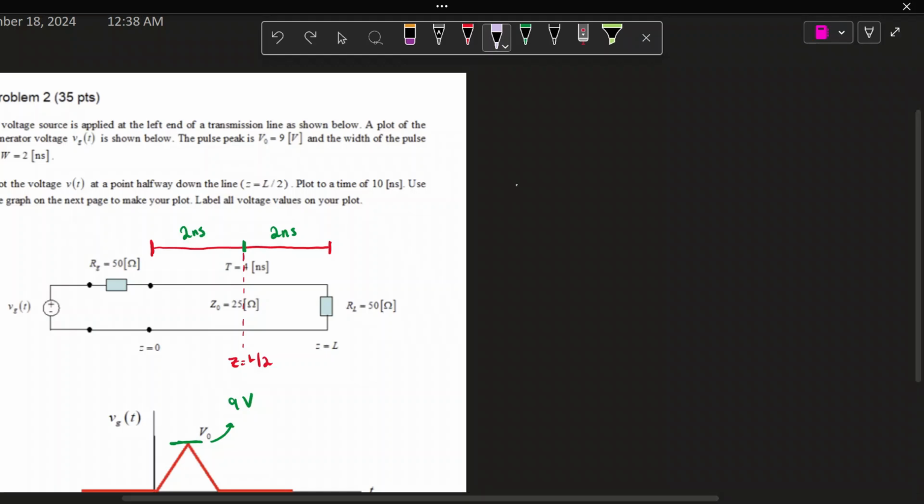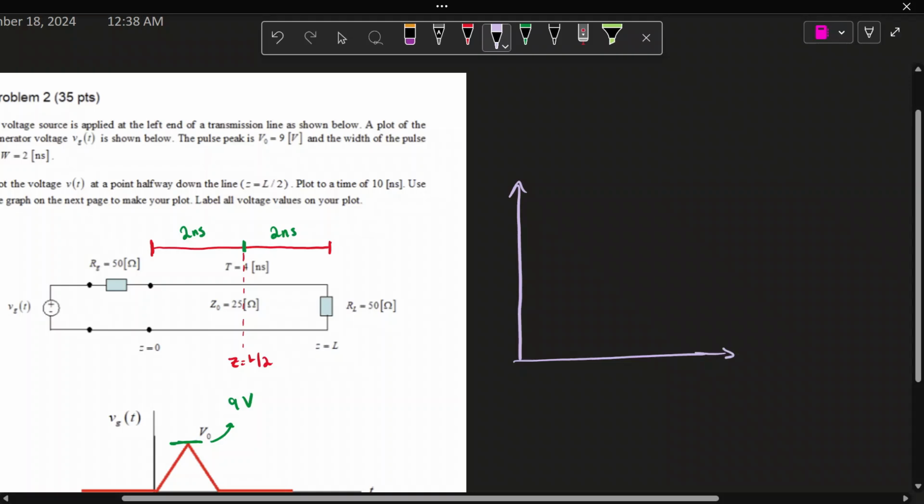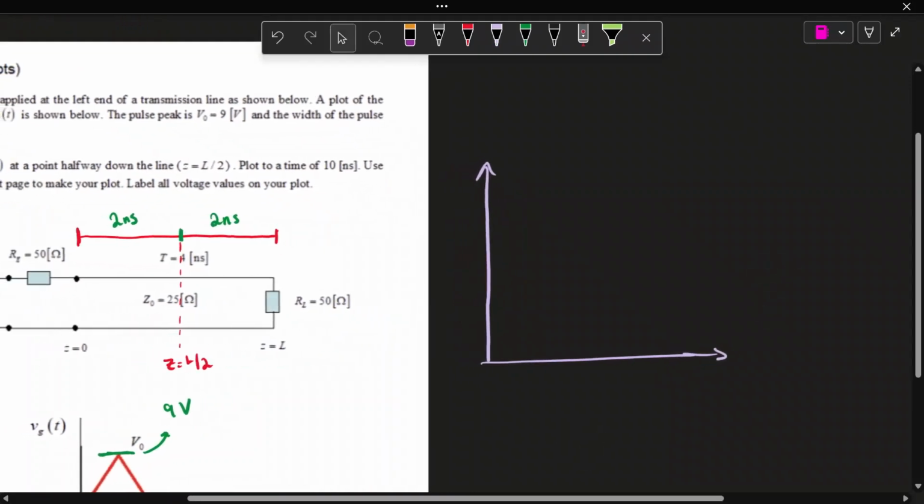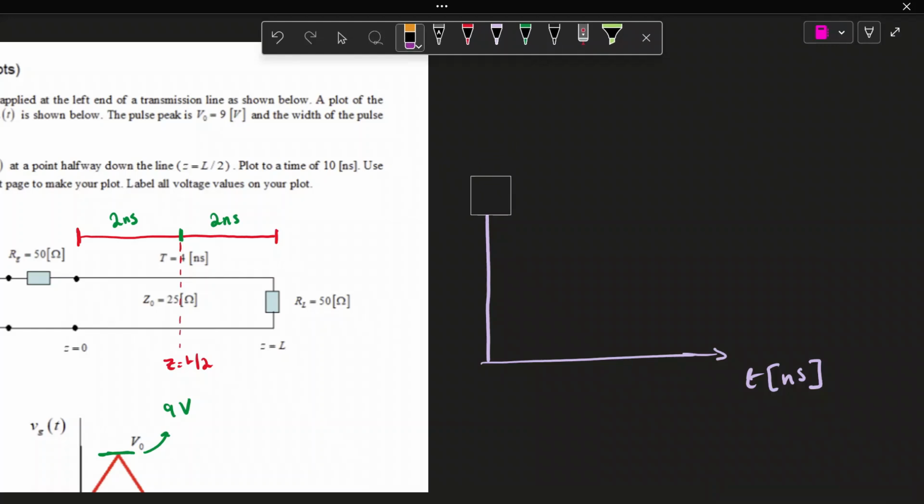I'll show you what I mean. Here, let's make this quick plot, and again, this is time in nanoseconds for us, and it doesn't matter what you call this.